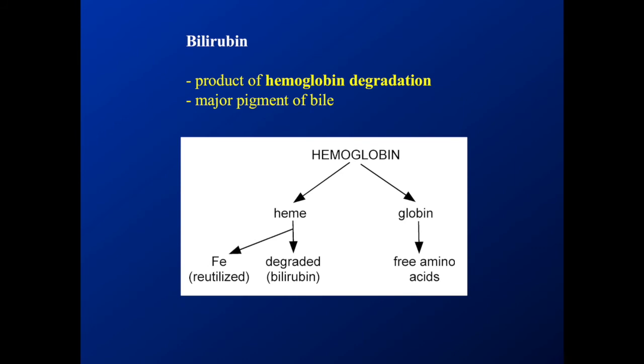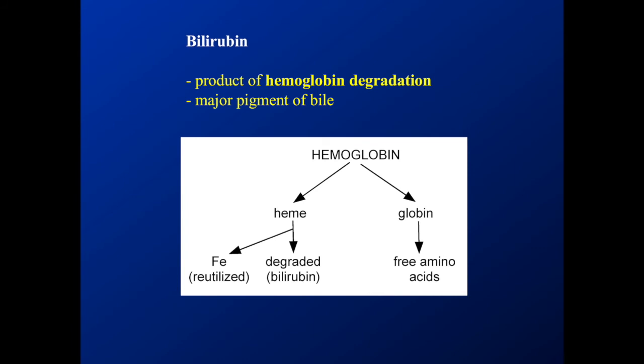So one of the main products in bile, and it's responsible for its color, this kind of green bile color, is bilirubin, and this is a product of hemoglobin degradation. And so when hemoglobin is broken up, you get globin, which is a large protein molecule that's digested and enters into the free amino acid pool of the body.